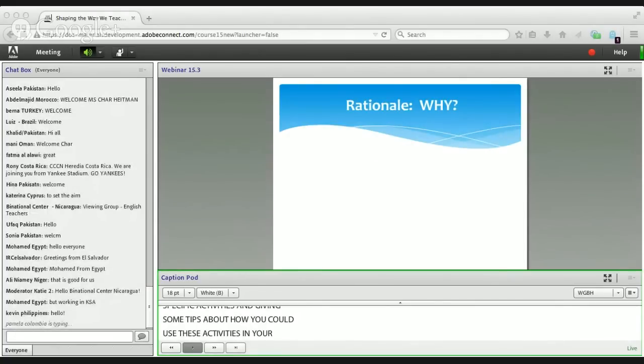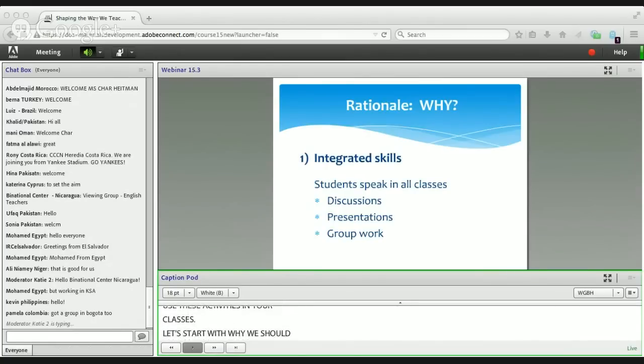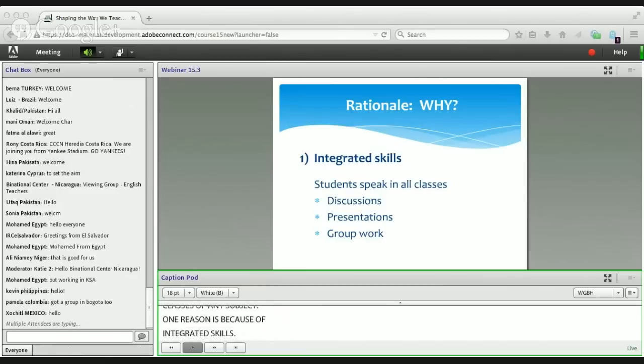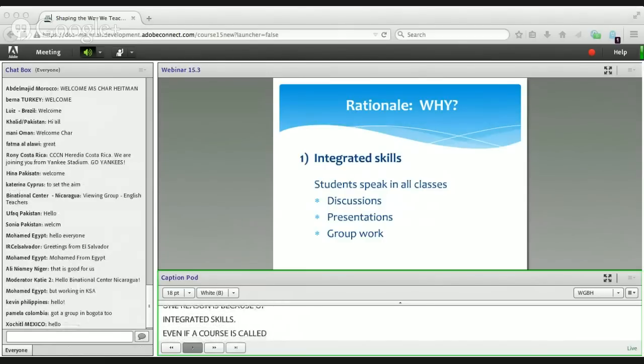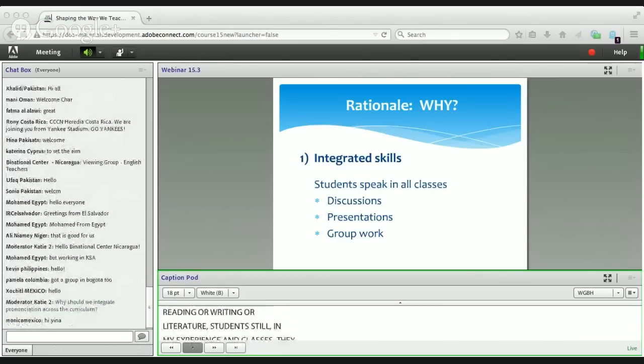Why should we integrate pronunciation into classes of any subject? And one reason is because of integrated skills. Even if a course is called reading or writing or literature, students still, in my experience and in my classes, they still do a lot of speaking in those classes. They have group discussions and group work. They might give presentations.